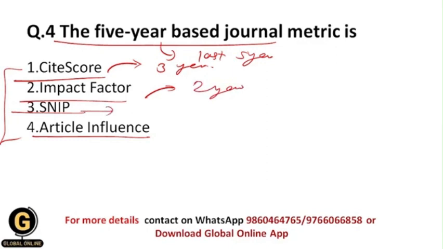Basically students, SNIP is source normalized impact per paper.